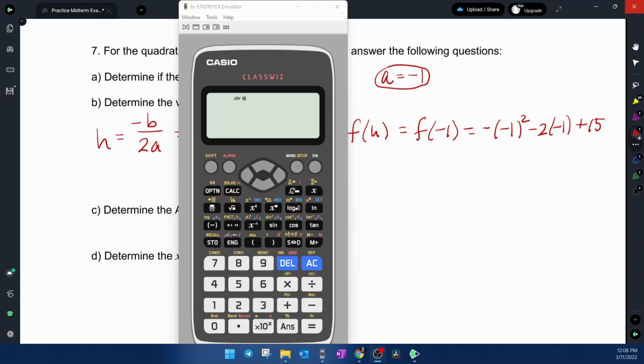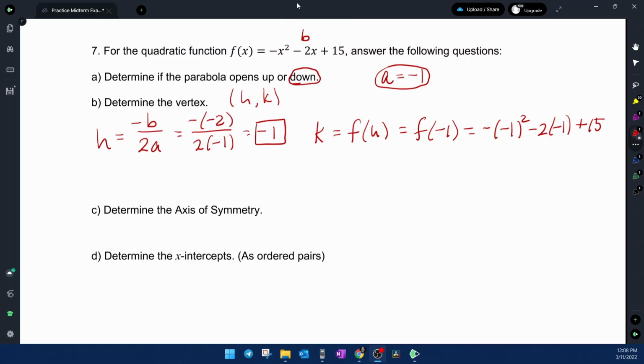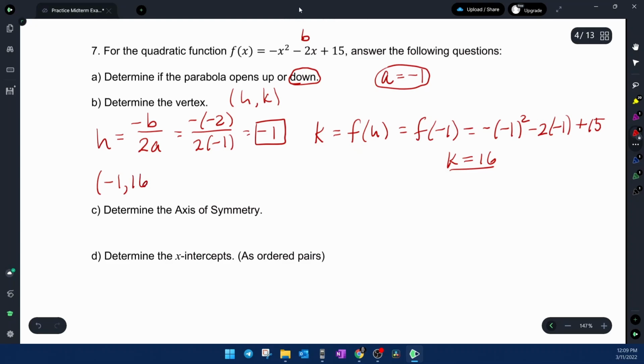And this would be a fantastic time to make use of our calculator. And our y-coordinate of the vertex is 16. So as an ordered pair, the vertex would be negative 1, 16.